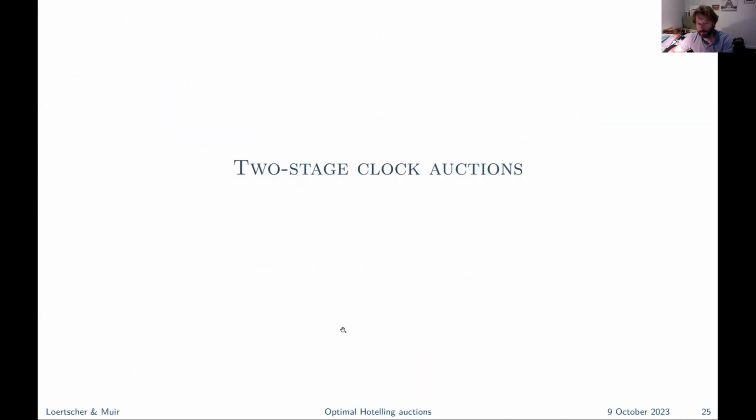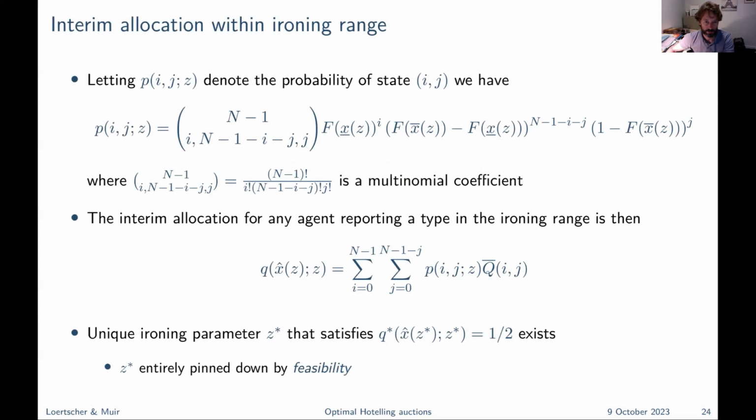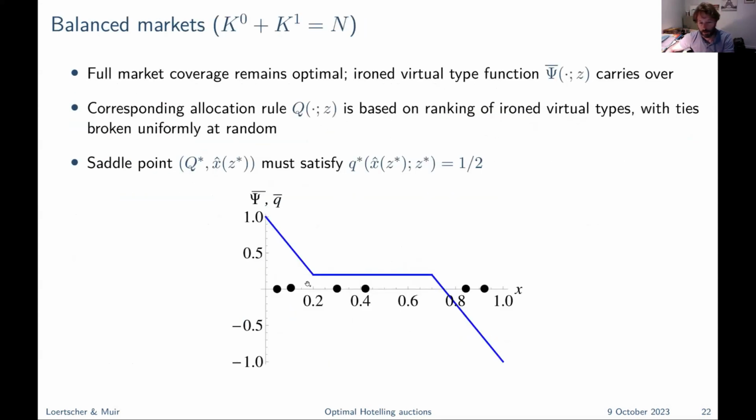Okay, so let me use the remaining time to briefly talk about the two-stage clock auction implementation, and then time permitting about the prior free mechanisms. And so if you want to think about two-stage clock auctions, it's useful to keep that picture here in mind. This is how the two-stage clock auction is going to work.